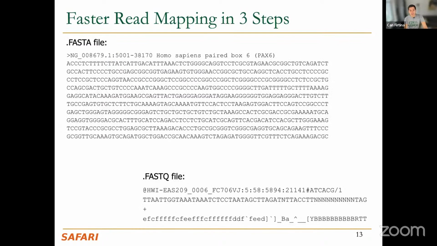So one layer is an identifier, an identification layer or identifier line. And this identification is supposed to give a unique name for that read so that we can identify that read. For example, when we map this read to a reference genome, we want to basically look at this FASTA file again and then see what was the sequence, right?